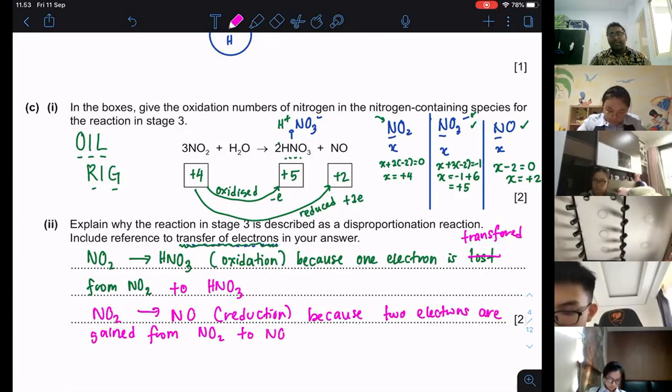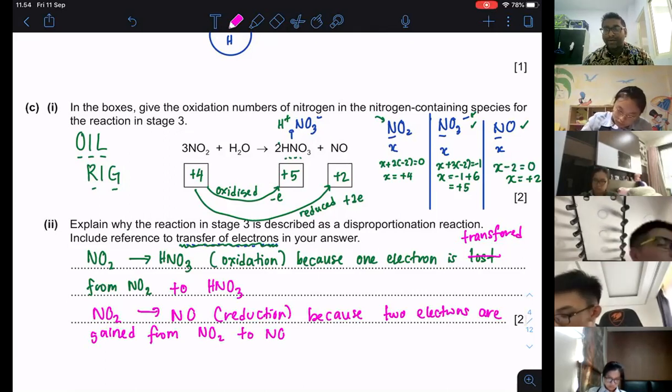The important key points will be the electrons. We don't want to refer to the oxidation number.